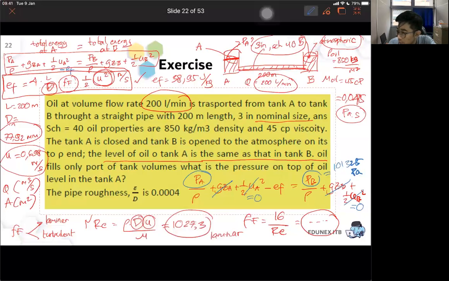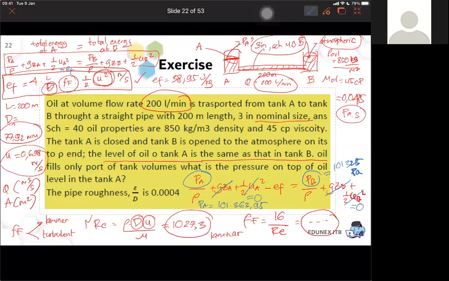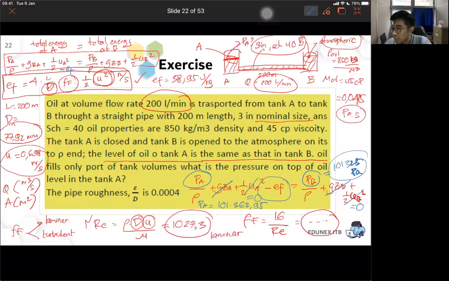Sorry again, PA will be 101,363.95. How come? The atmospheric is 101,325, right? So just, yes, sir, divide it by density, and then plus this one, and then multiply it by the density. Is it this much? Yes, sir. Yeah. Okay. How about the others? If the answer is the same, then it should be okay.